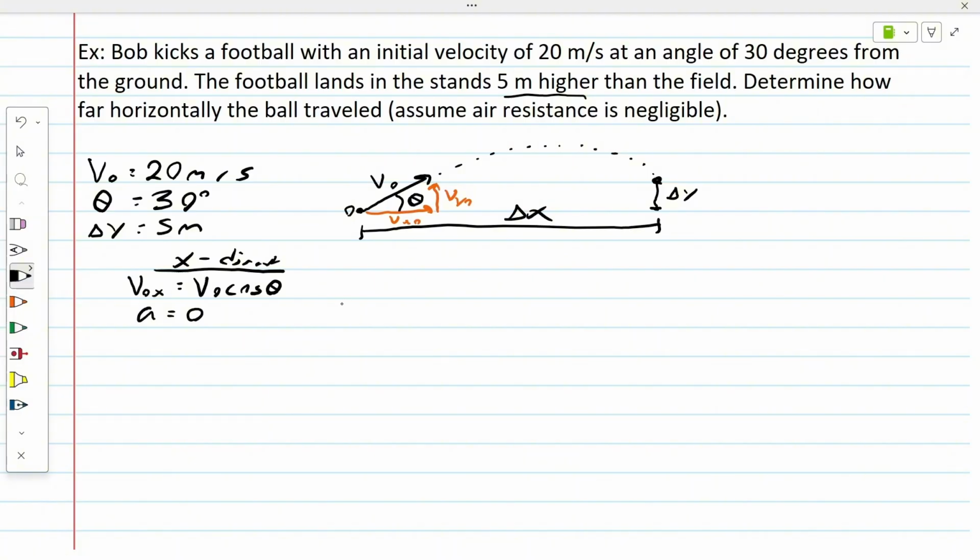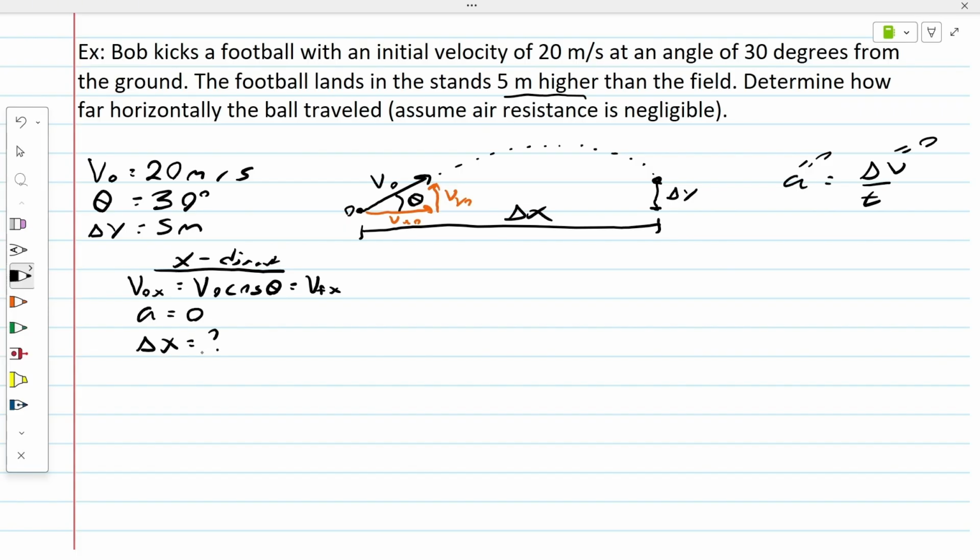And so since acceleration equals 0, if we know that acceleration, I'll just write over here, equals the change in velocity over time, if the acceleration is equal to 0, the change in velocity also has to be 0. So this initial velocity will also equal the final velocity in the x direction. And so we want to solve for this change in x is what we're looking for.